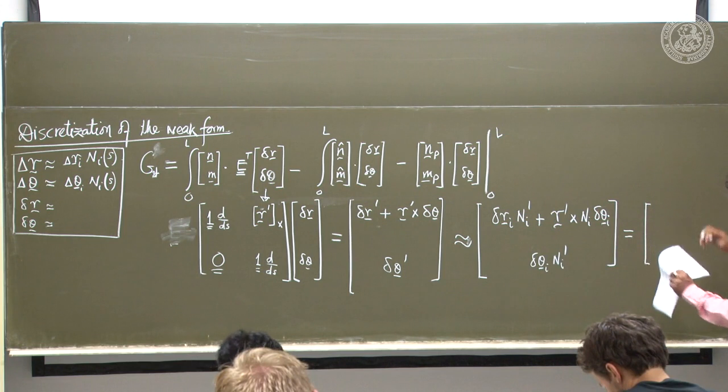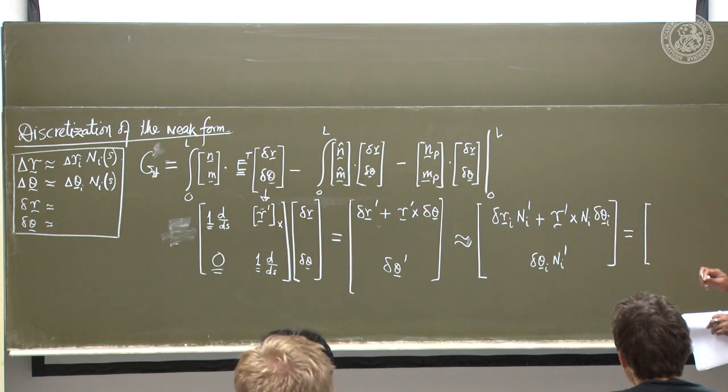And then we can write this again using the discrete operator. You will see how to get that discrete operator E transpose.